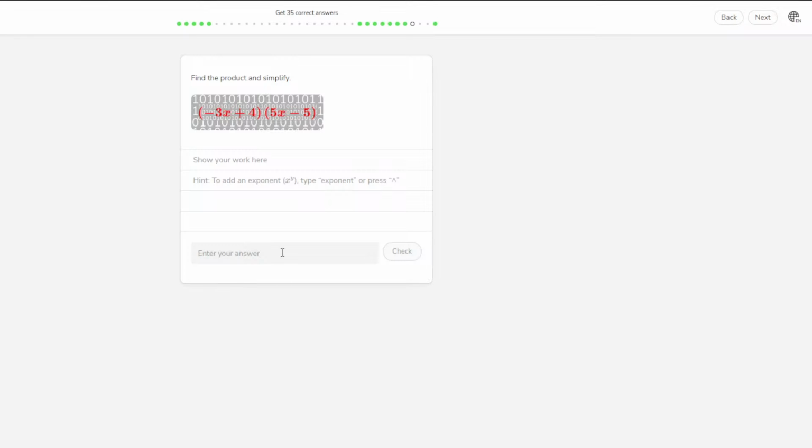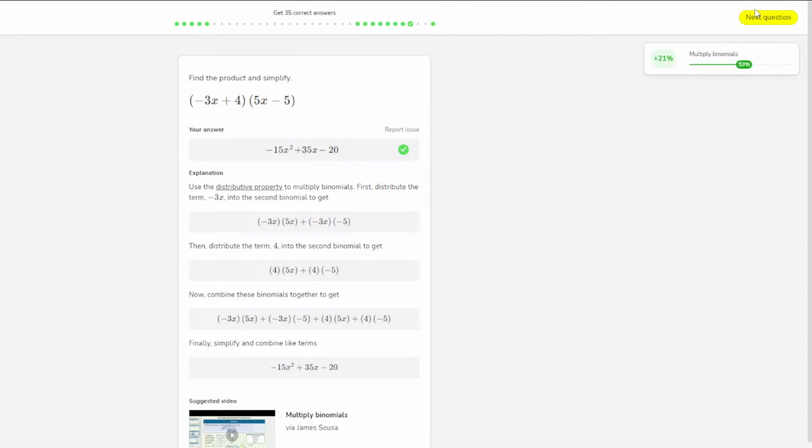So that's negative 15x squared plus 35x, no, minus 20. Sick.